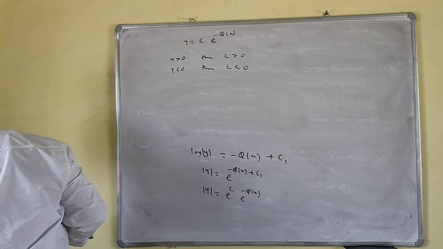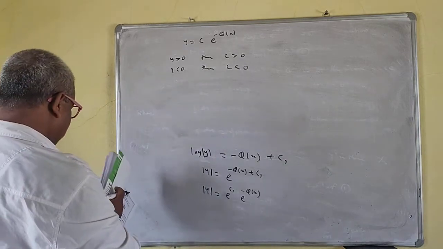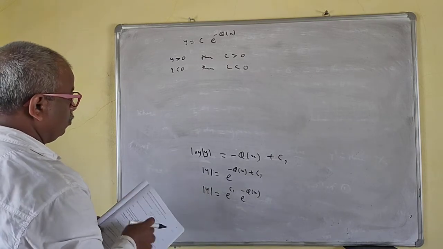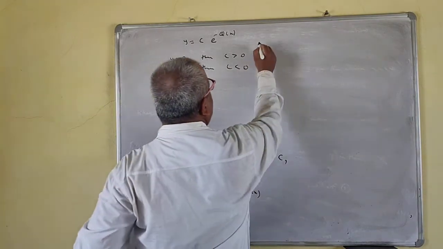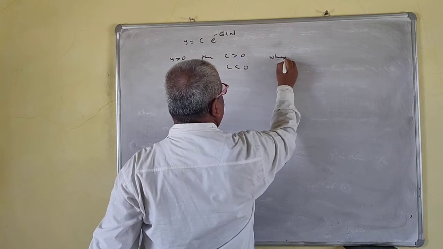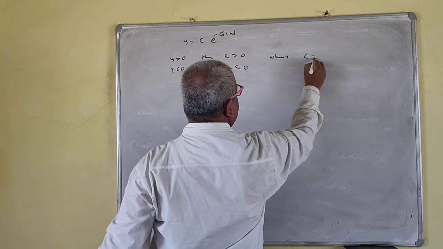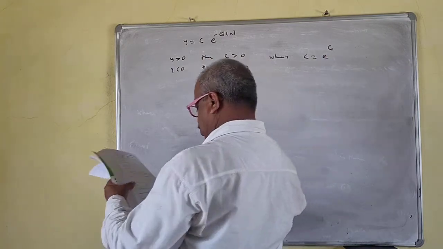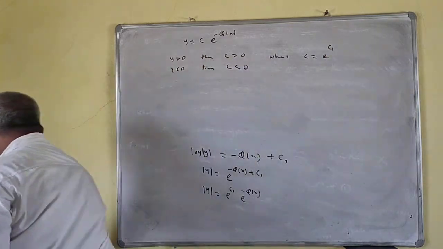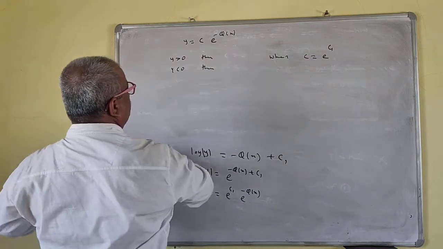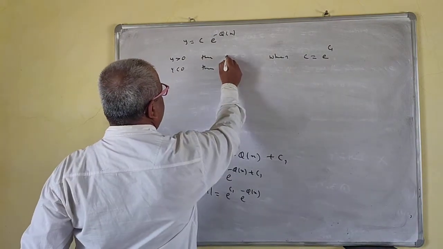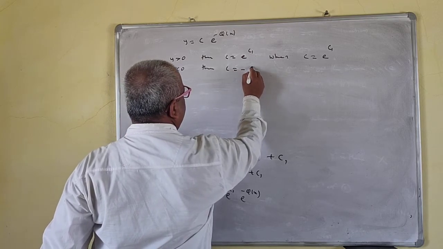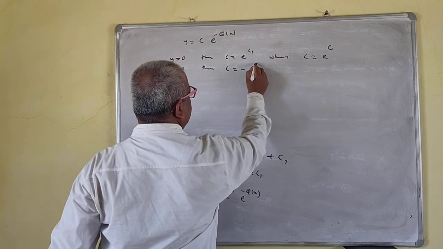Note this, where c is equal to e raised to c1. That means you can take y positive, then c is equal to e raised to c1, and for y negative, c is equal to minus e raised to c1.